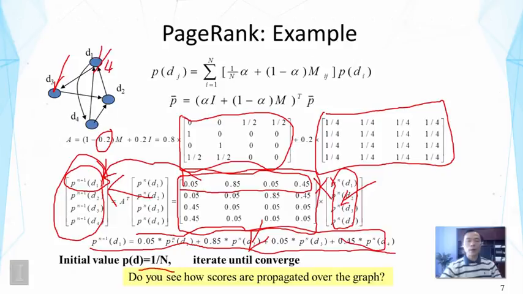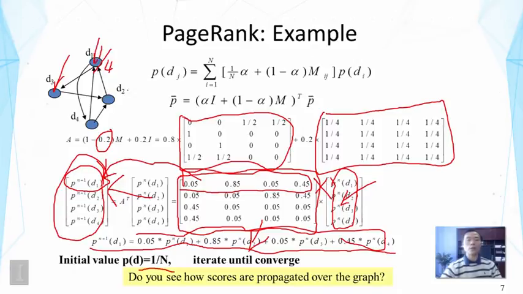And if you look at the equation here, basically we're going to combine the scores of the pages that possibly would lead to reaching this page. So we'll look at all the pages that are pointing to this page and then combine their scores and propagate the sum of the scores to this document, D1.